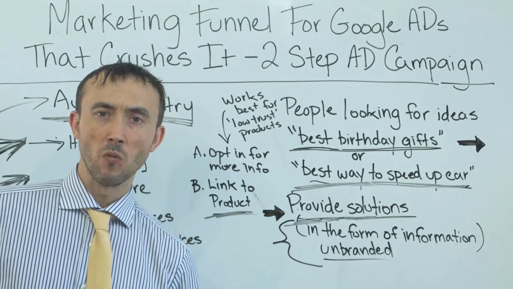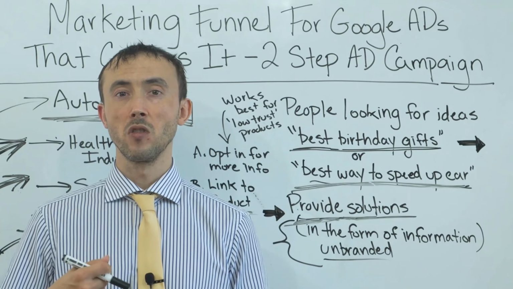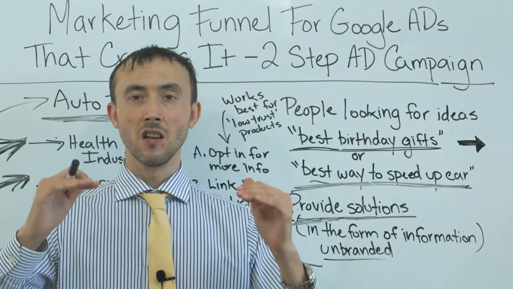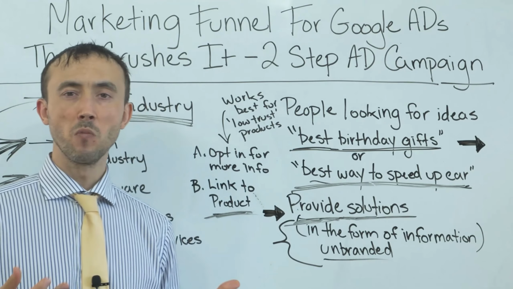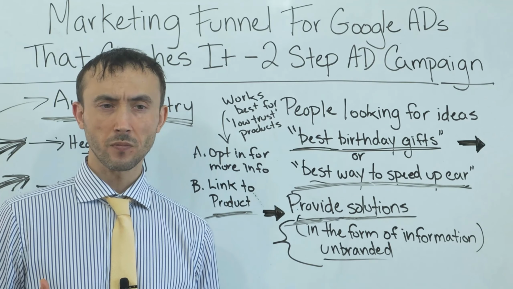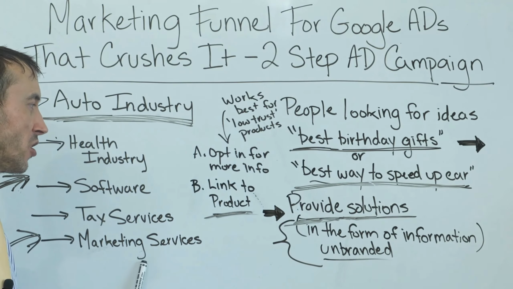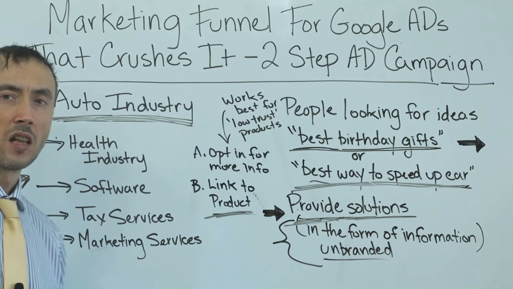And by the way, where this is more recommended for you is in a situation where trust is very, very low. Notoriously, in the marketing services space that we're in, trust is very low. Nobody believes what a marketer or marketing agency really says to them for the most part. So when you can lead with information, like with the niche SEO company I talked about before, that's actually the way to go.